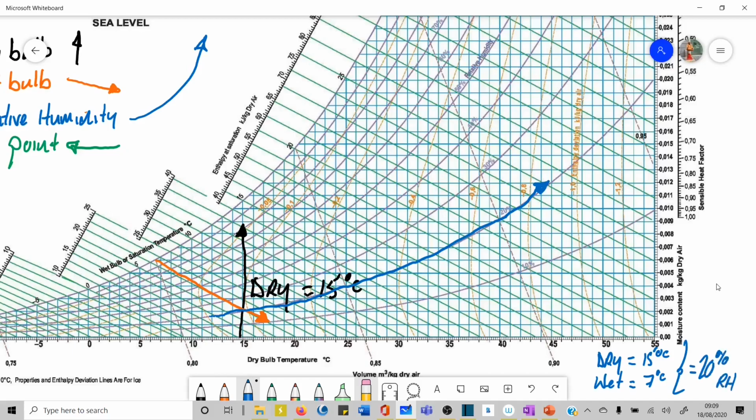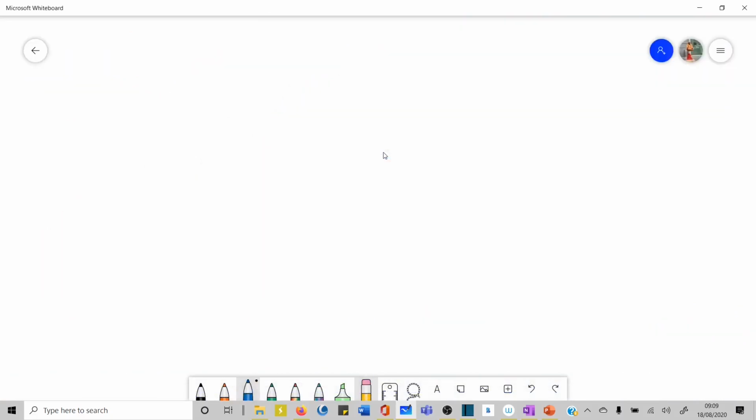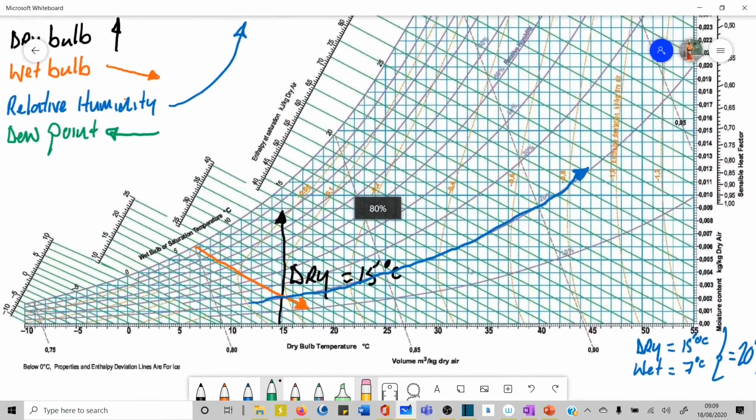Now the other thing that we need to look at, one of the most important things, is dew point. So dew point is from right to left, and again we go through the epicenter here where those two meet.